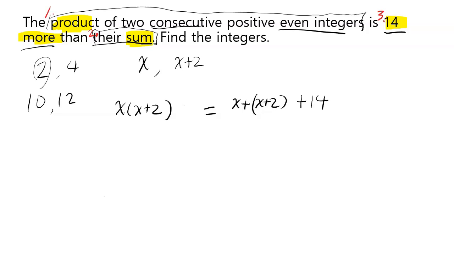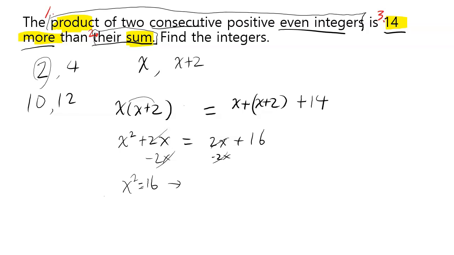Okay. All right. So you have x times x, that's x squared. X times 2 will be plus 2x. Over here, x plus x will be 2x. 2 plus 14 will be 16. Now I guess you can subtract 2x from both sides, and you get x squared equal to 16.